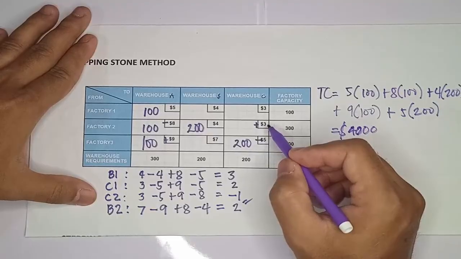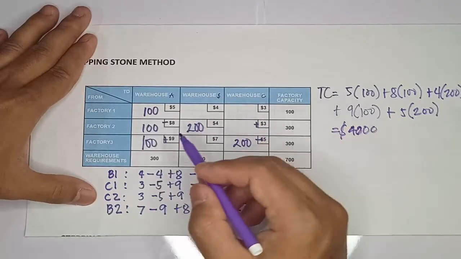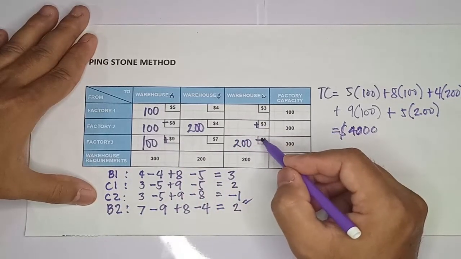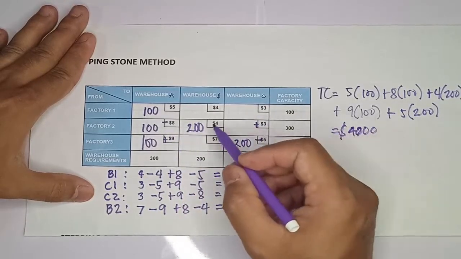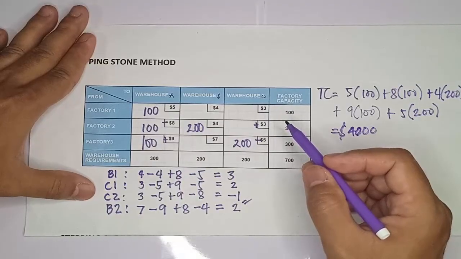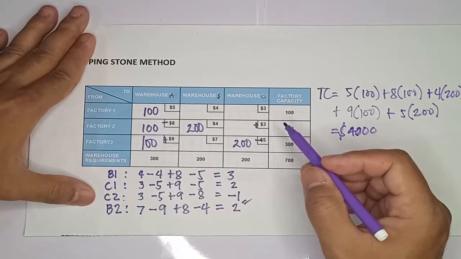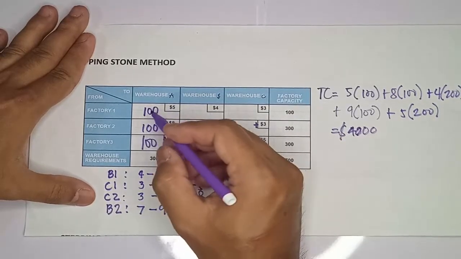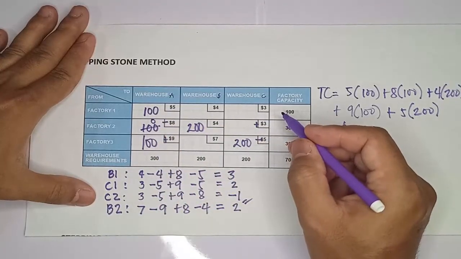The takers on this loop are C2 and A3, and the givers are C3 and A2. Again, the lower value on the givers is 100 units, which we're going to redistribute on the loop of C2. So this is negative, so we're going to take away 100, equal to 0.